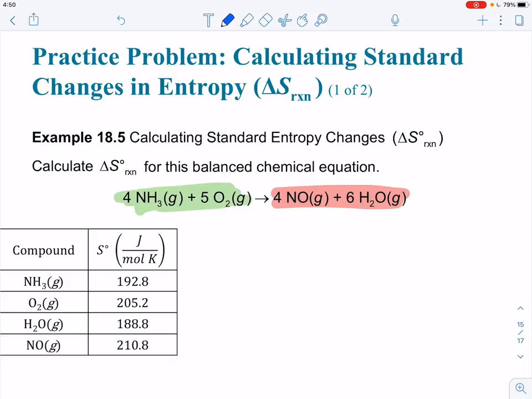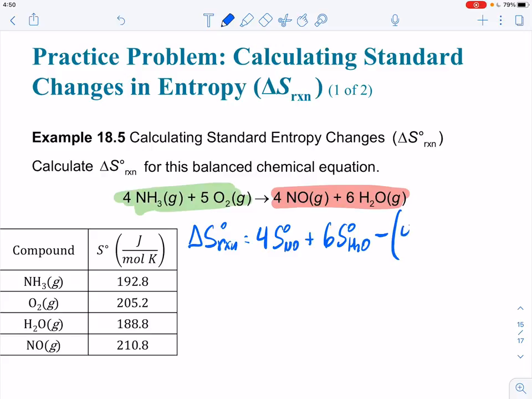So in this particular case, the change in entropy for the reaction is going to be equal to 4 times the entropy of nitrogen monoxide plus 6 times the entropy of water minus everything that you have in the reactant side.